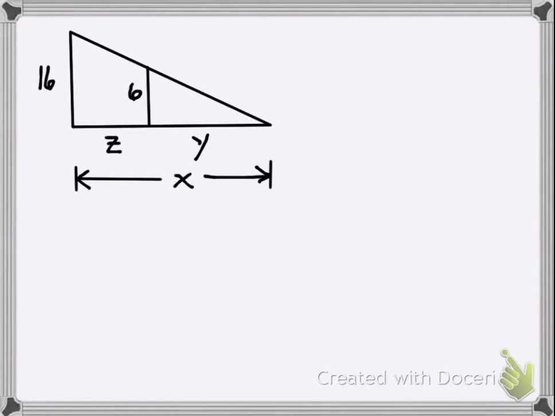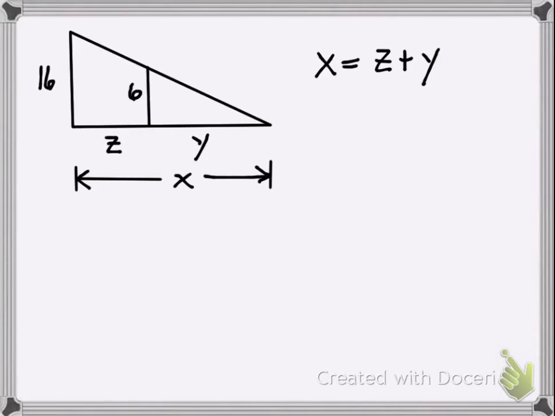And his location along the base, the tip of his shadow is all the way over at the far right end of the triangle. Now, his position inside of the triangle divides the base into two length segments, Z and Y. And what we notice is that if we add Z and Y together, we get X. So X is equal to Z plus Y.